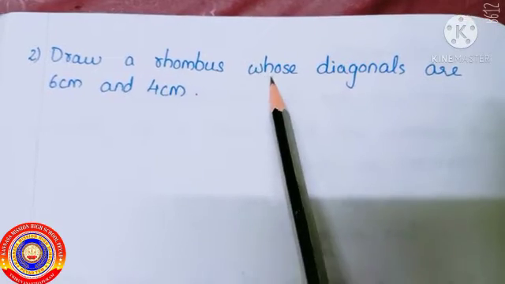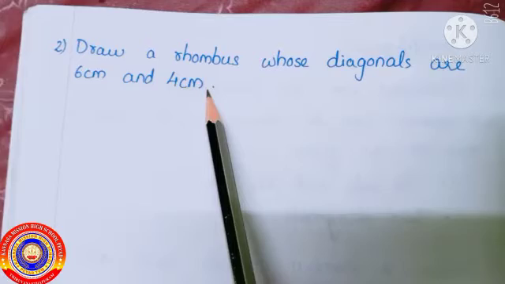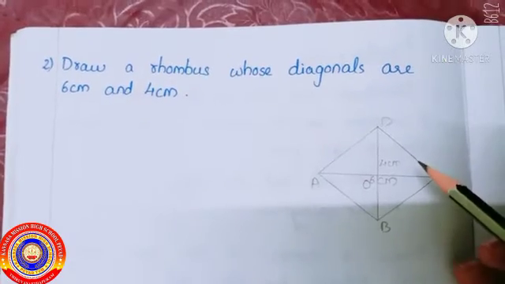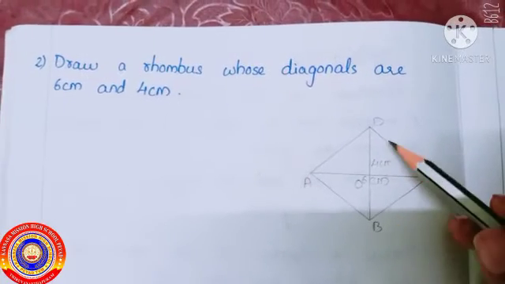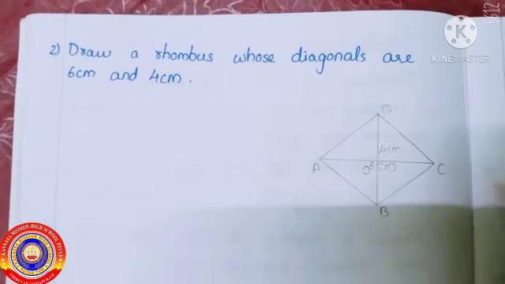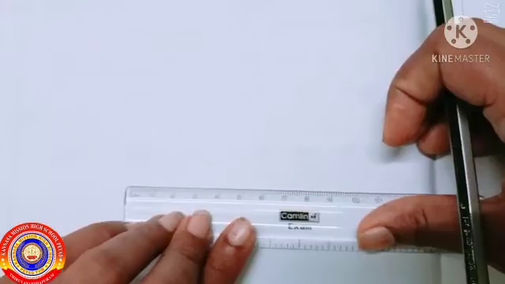Next question, draw a rhombus whose diagonals are 6 cm and 4 cm. First of all, let's draw a rough figure. So here in the question, the diagonal measurements are given, that is 4 cm and 6 cm. We have to draw a rhombus using this.